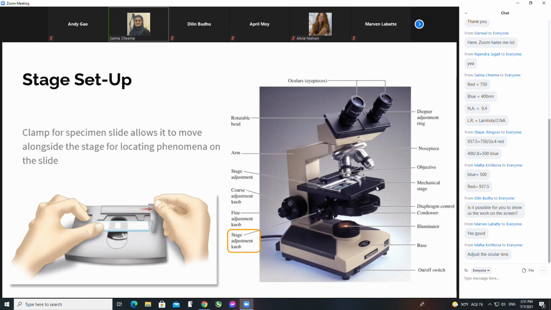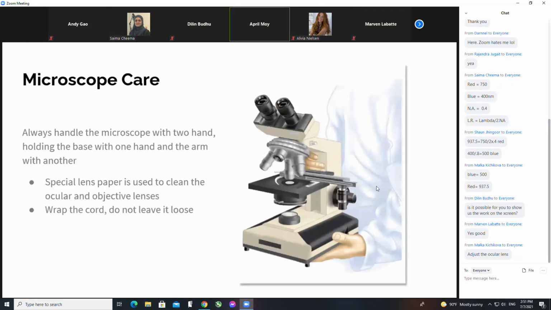So it's a mechanical stage. Notice how the slide is held between these clamps, and if you clamp it well enough, then you should be able to use the stage adjustment knob when you're trying to scan the slide, move it around to see where the object that you might be interested in is. So it's a mechanical way of moving the slide around. Okay, thank you.